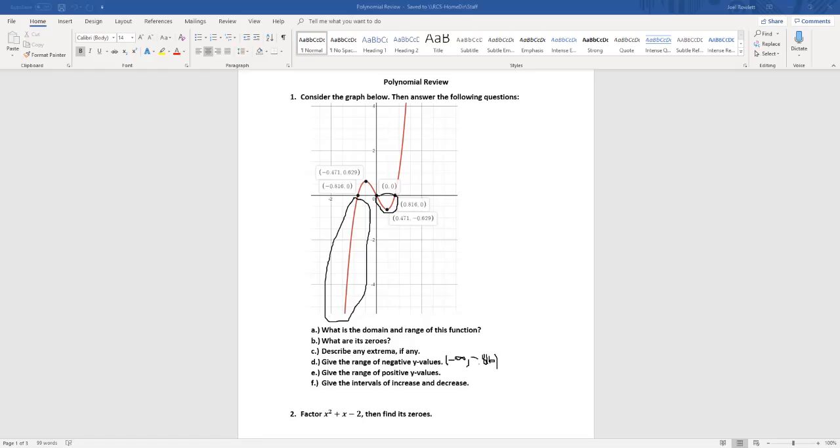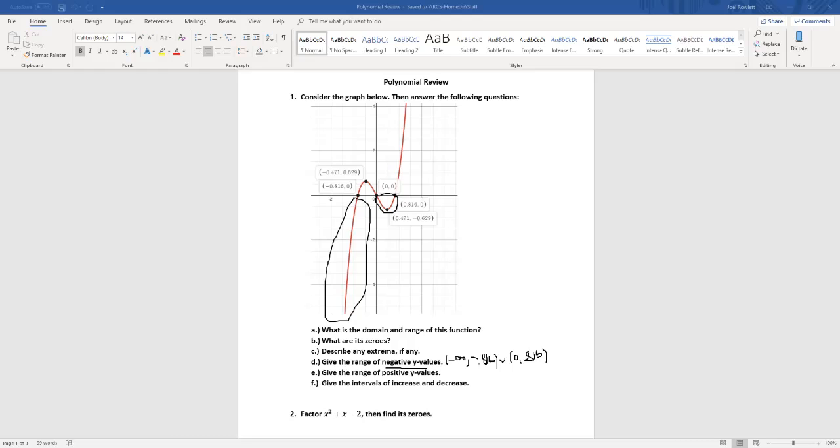And then we know that we have negative y values as x goes from 0 to 0.816. Again, remember the y values are negative whenever you are below the x-axis.